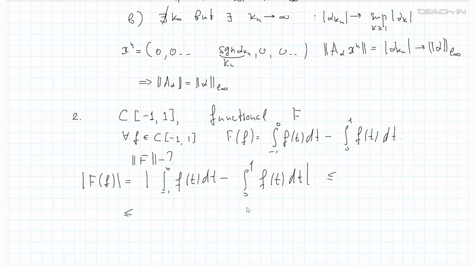Then the triangle inequality for the absolute values, and then the inequality for integrals. When we put the absolute value inside the integral, we can obtain only a value which is not smaller. But here we have plus.